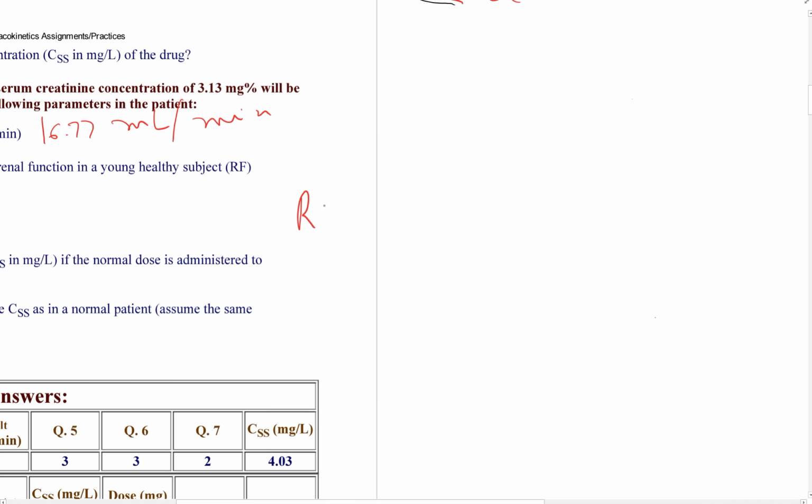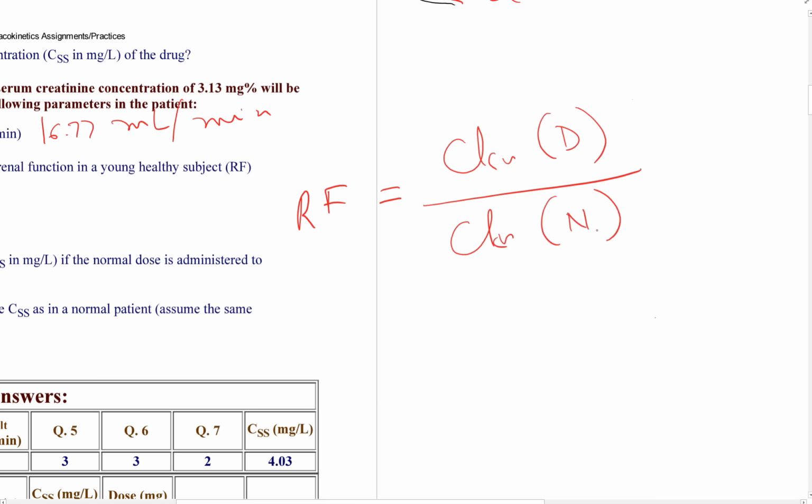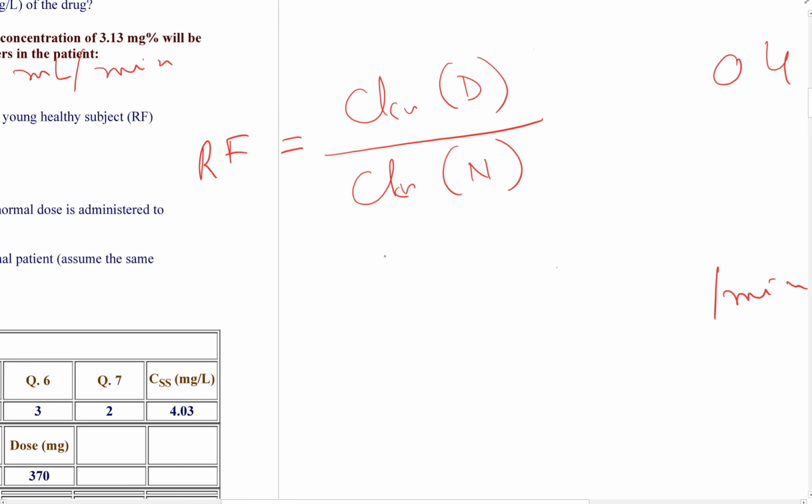RF, renal function, is equal to creatinine clearance of the diseased over creatinine clearance normal. We have the patient's new creatinine clearance, which is 16.77.